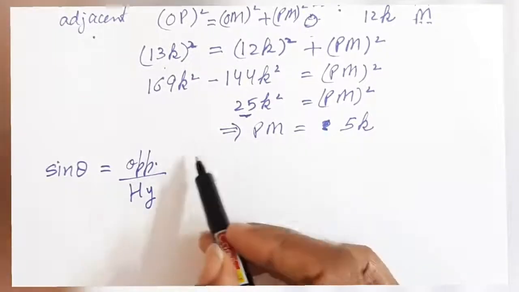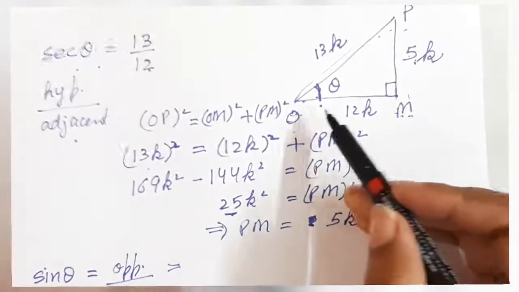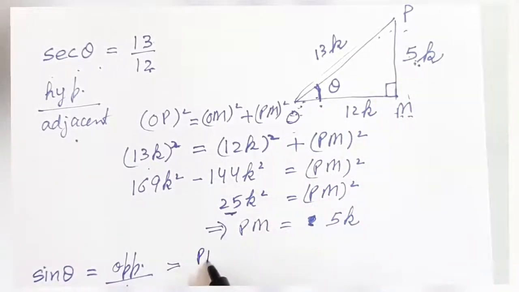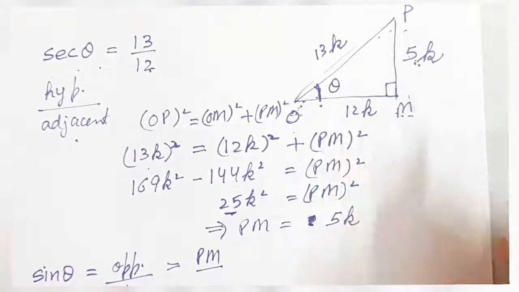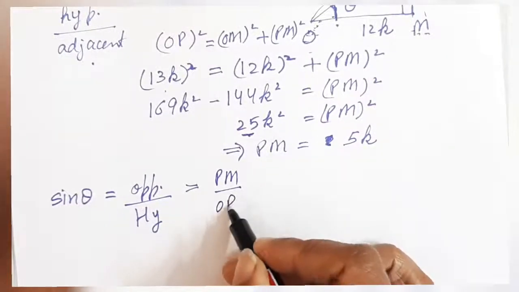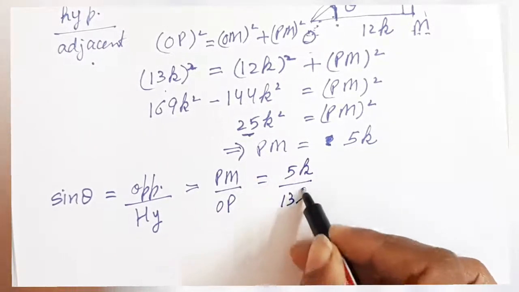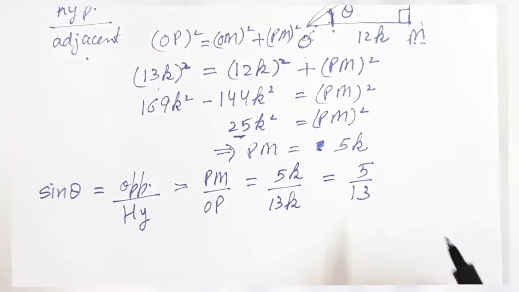So you can write now sine theta as, now the side opposite to theta is PM, right? And the hypotenuse is OP. So that is equal to 5K upon 13K, that is 5 upon 13. I hope it is clear to everyone now.